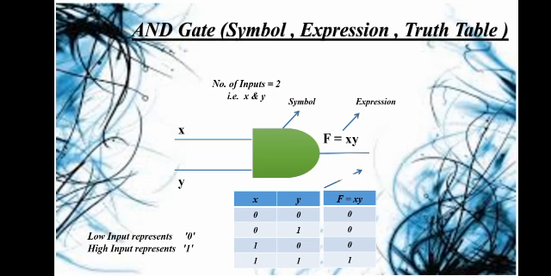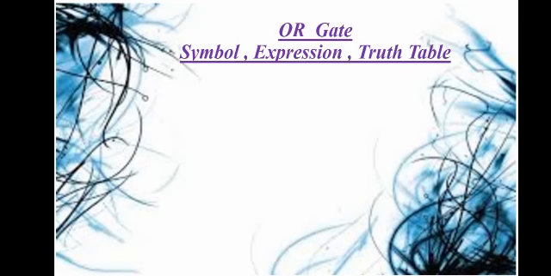So this is the truth table. If there is a question that you have to write the logic gates, their symbol, expression and truth table, then you will represent it symbolically, then write the expression F is equal to XY, and then make the truth table.